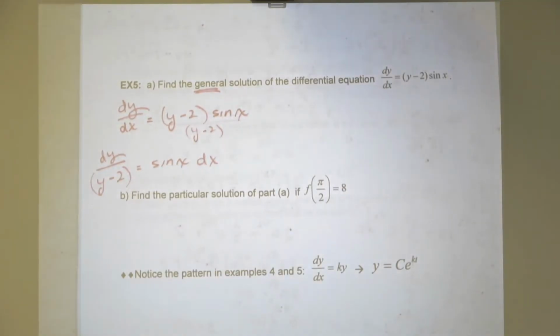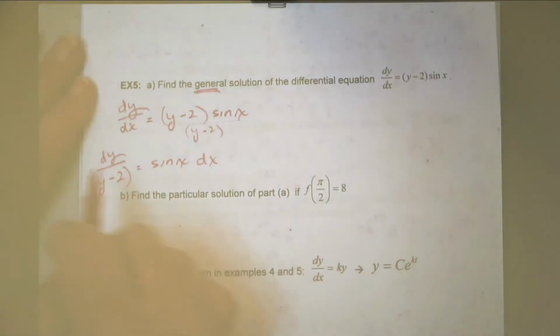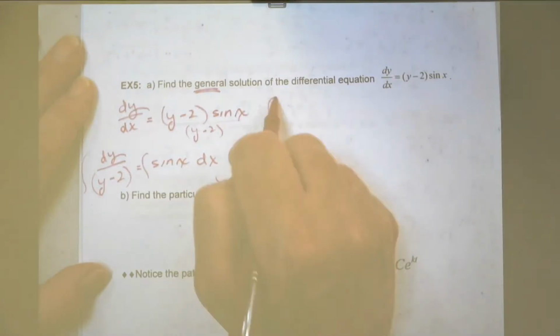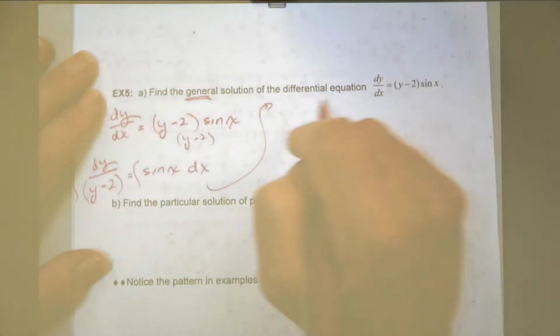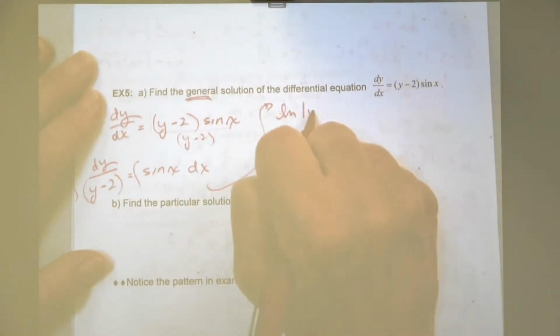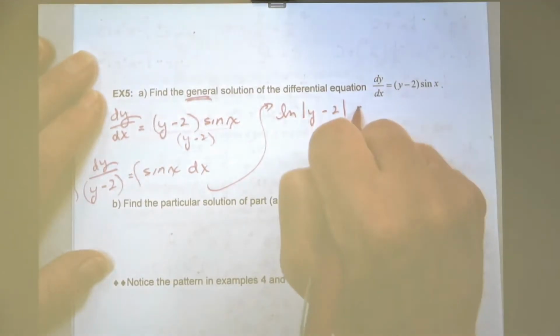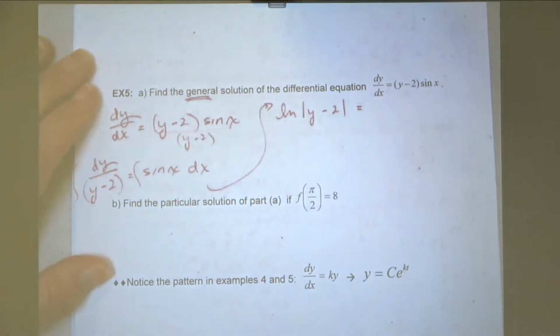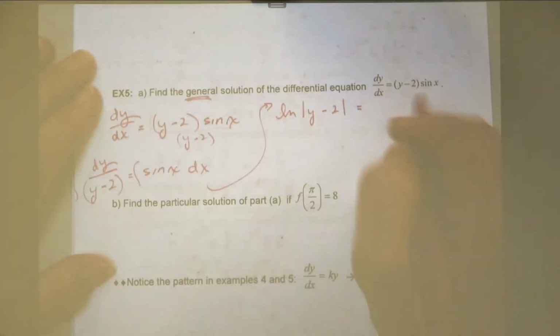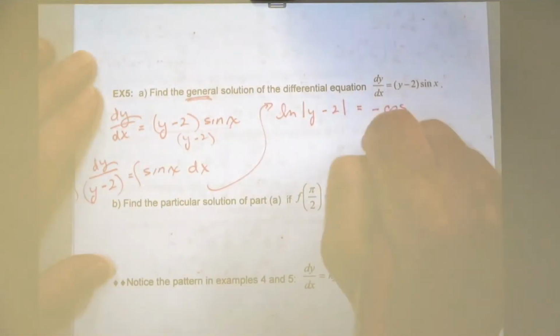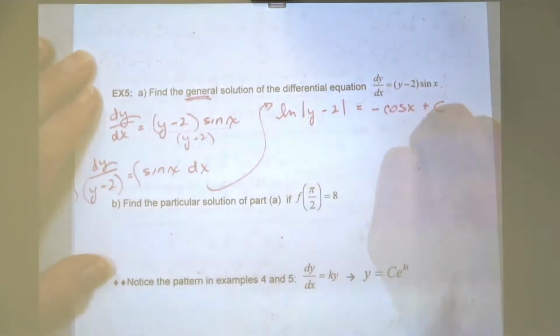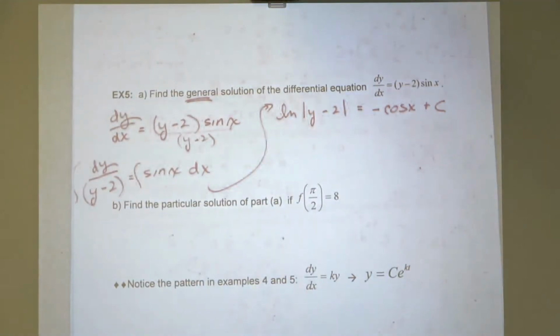Well, 1 over y to the stuff, the antiderivative of that is ln the stuff. So we've got ln absolute value of y minus 2. And my antiderivative of sine is going to be negative cosine x. And there's my constant of integration. So the main reason we're looking at that is just to know you can't divide by the y and add the 2. You've got to keep the number together.